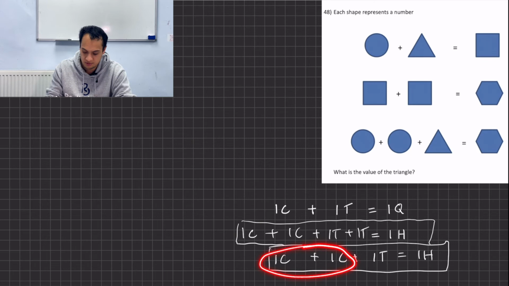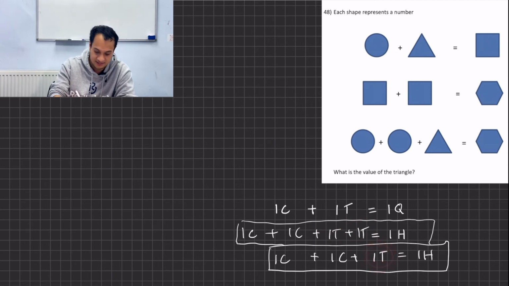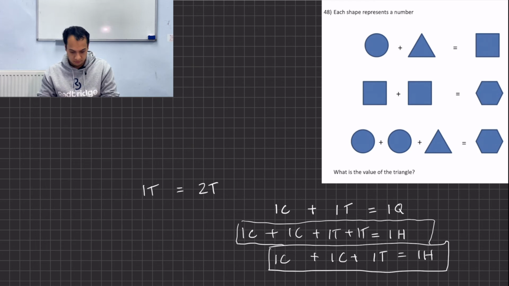The 1C plus 1C here should equal the same as the 1C plus 1C here. But you've only got 1T here, and then you've got 2T here, because you've got 1T plus 1T. What that means is, effectively, that 1T is the same as 2T. All right? Or one lot of T, one triangle, is the same as two triangles.